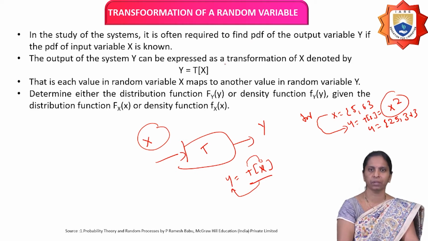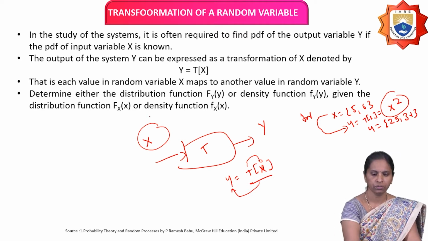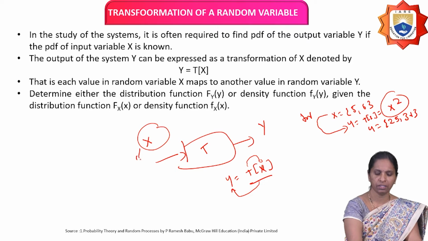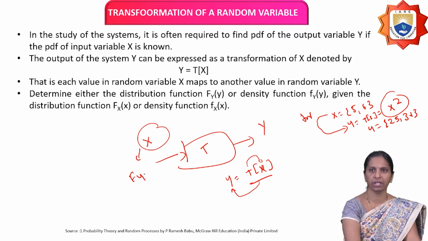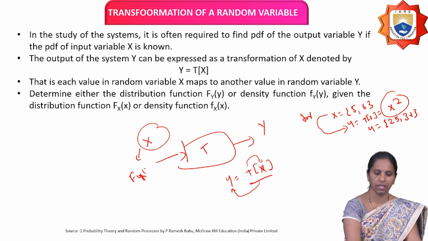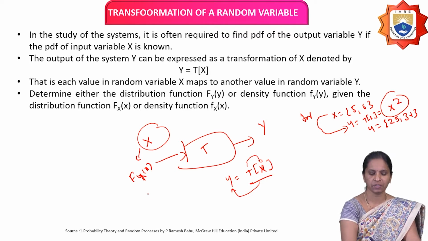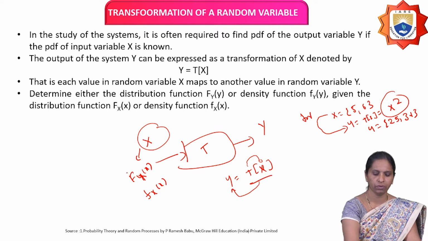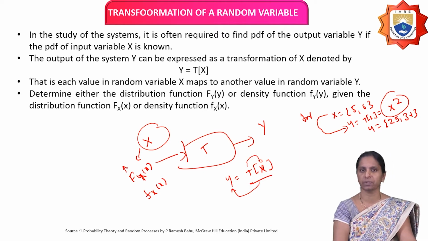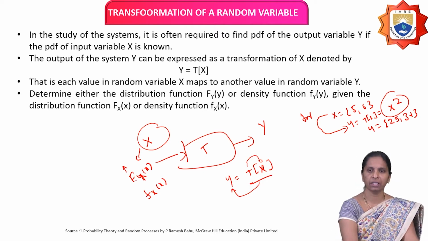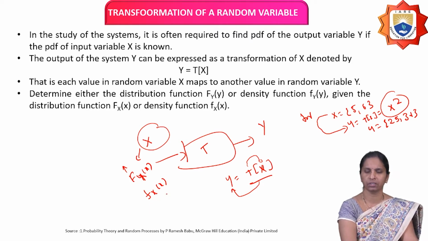Now, the same concept you apply to the random variable, you can apply to the system also. If the distribution function of the random variable x is F_X(x) and the corresponding density function is f_X(x). We know that the distribution function is represented by the capital F and the density function by the small f.